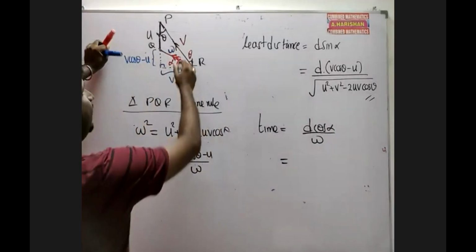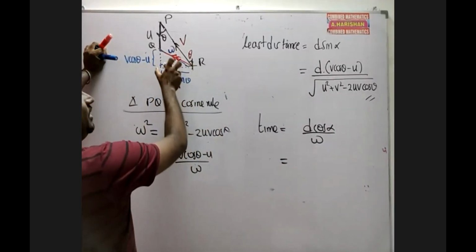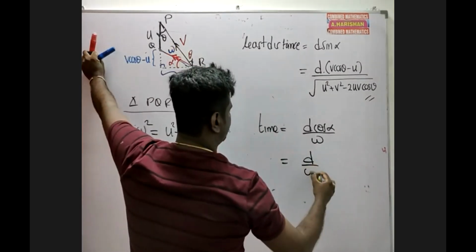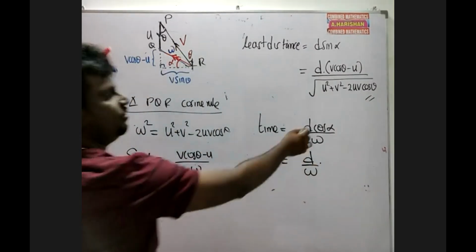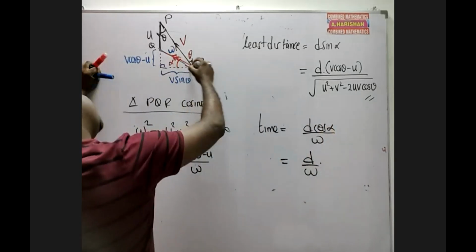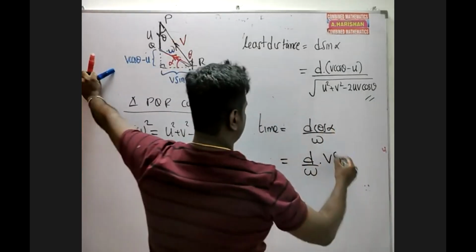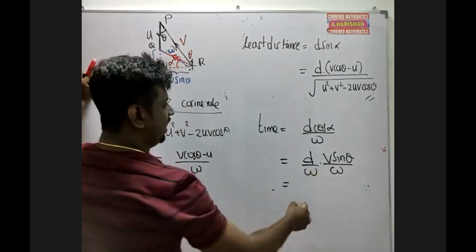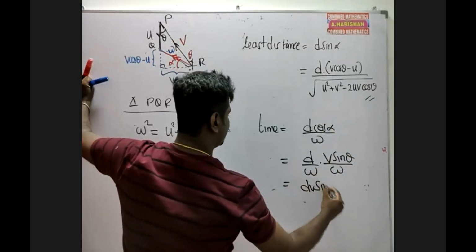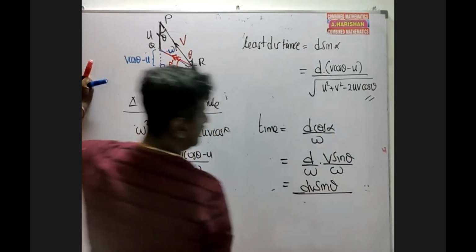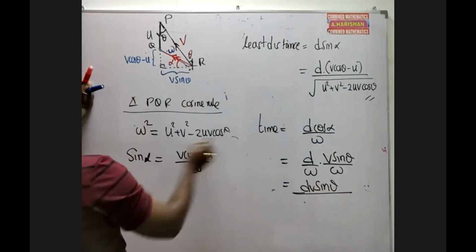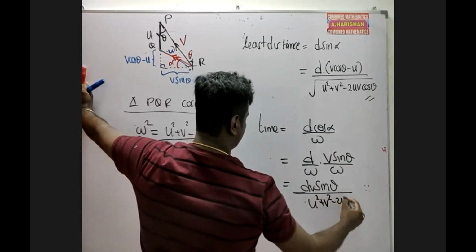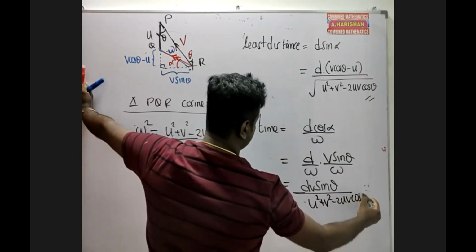Because I know cos alpha is V sin theta over W. So it's W squared: d V sin theta over W squared. W squared is exactly this: u squared plus v squared minus 2uv cos theta.